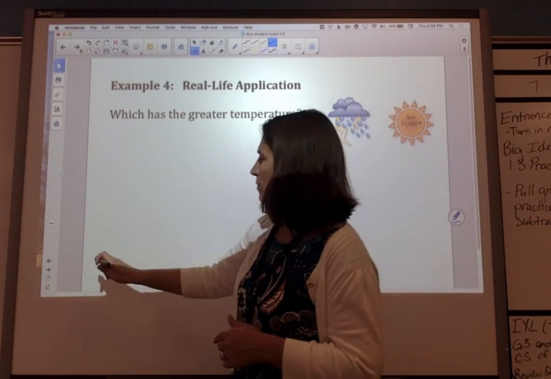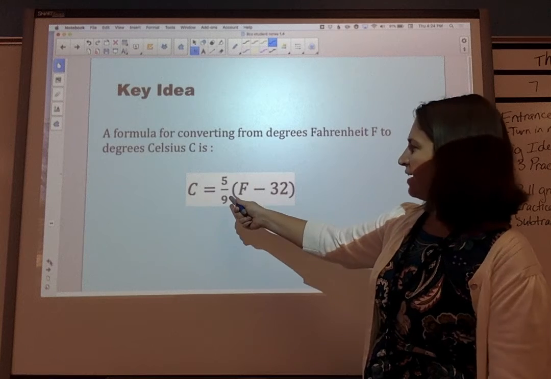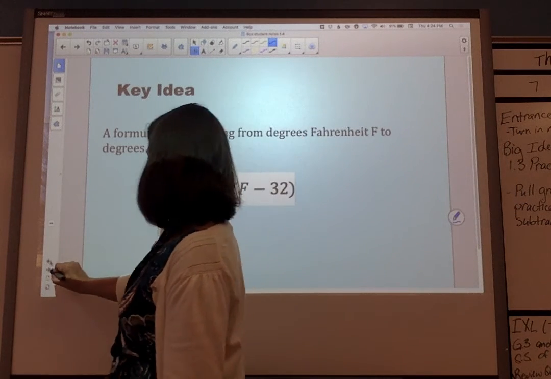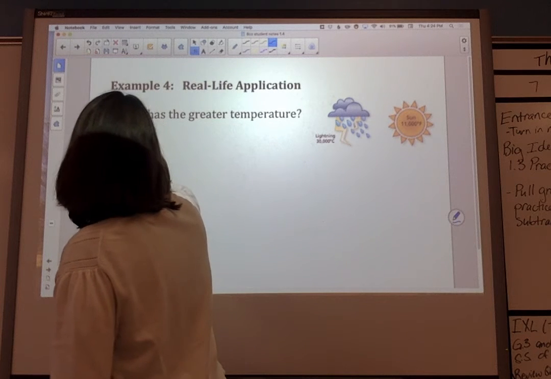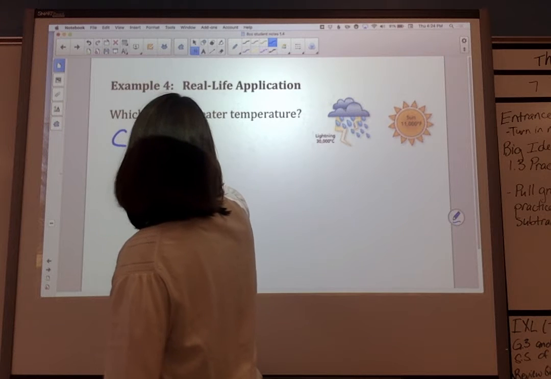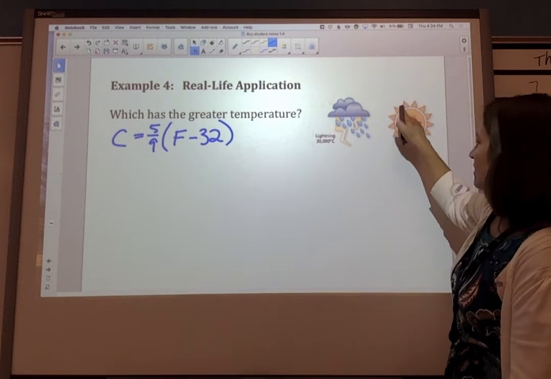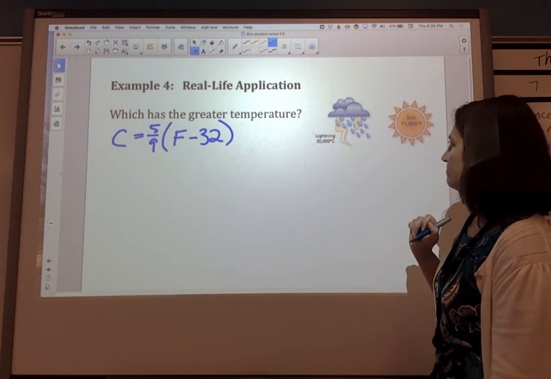So let's go ahead and look back at our original formula here. C equals 5/9 times F minus 32. Let's start there. So let's go ahead and use that to convert the temperature of the sun to Celsius.